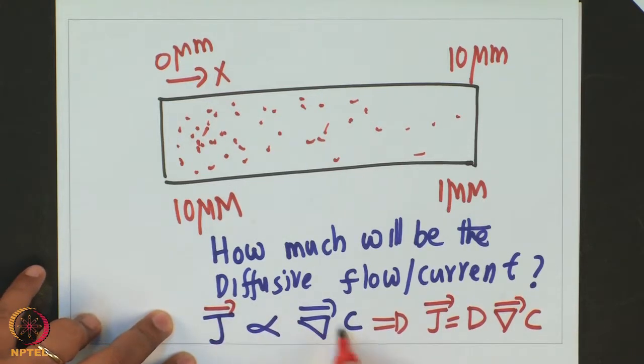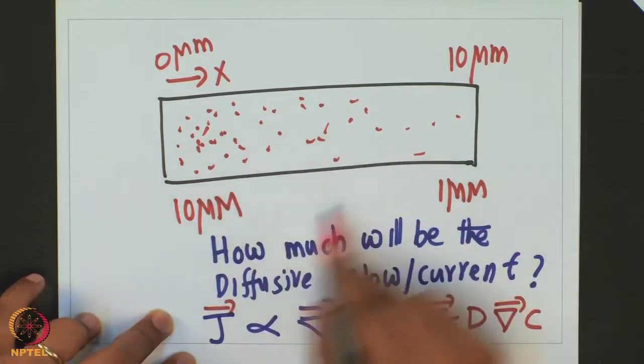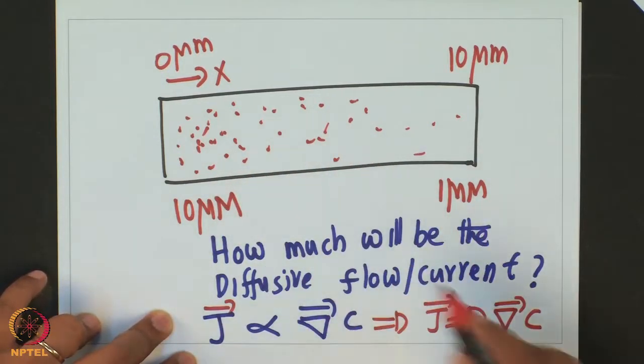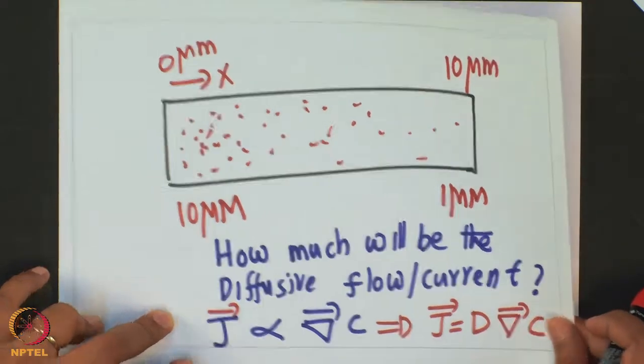The vector is proportional to del C, which is something we learned, and this is exactly equal to some constant D, which depends on the property of the medium and the particles, the size of the protein, and so forth, which we will learn. But once we know the D, which is the property of the system, the medium, the molecule and all that, the flow is given by J is equal to D del C.